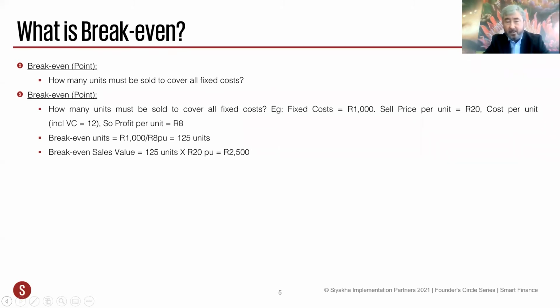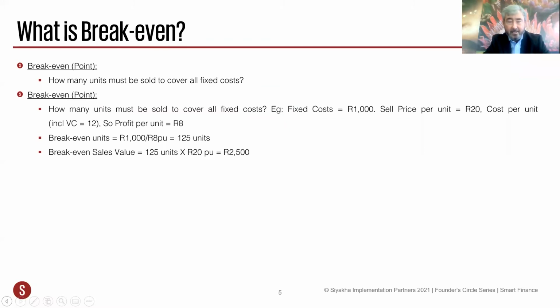So in total, that's 12 Rand worth of variable costs that are allocated to each unit that I sell. So essentially our profit per unit is 8 Rand. Or a better way of putting it is our contribution to our business is 8 Rand for every unit that I sell.